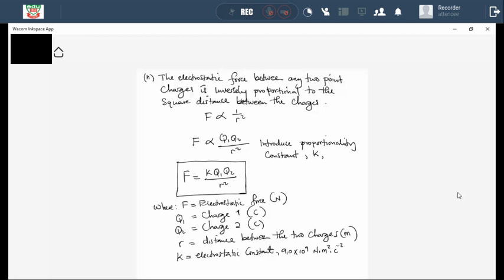Before I move on to the next slide, we have Coulomb's law in the form of a formula. If they ask you to state Coulomb's law in symbols, F is equal to K Q1 Q2 over R squared. But now we need Coulomb's law in words.